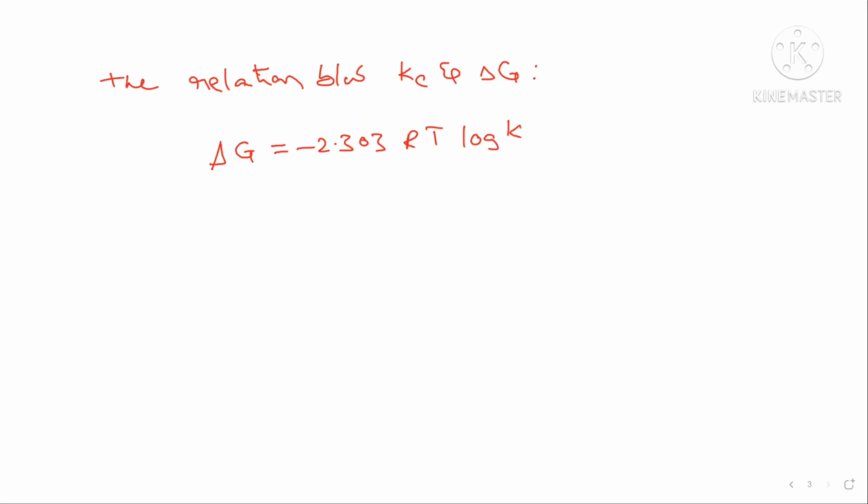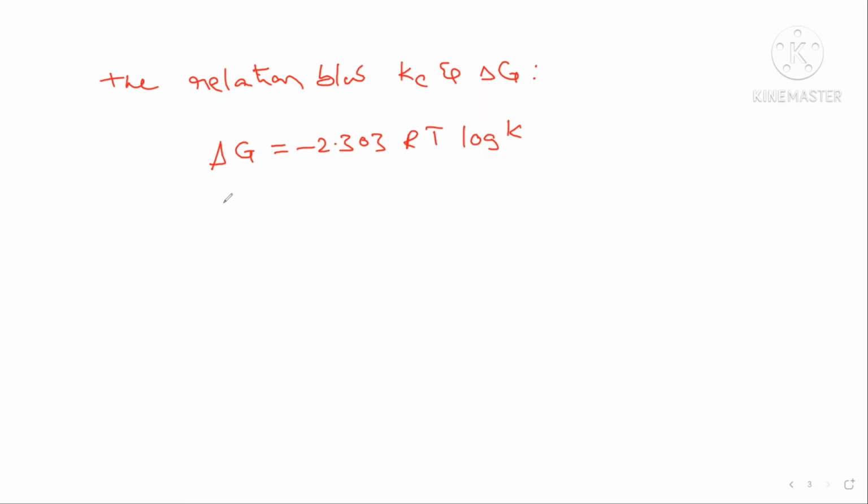So how are the E naught value or EMF value of the cell and the equilibrium constant related with each other?